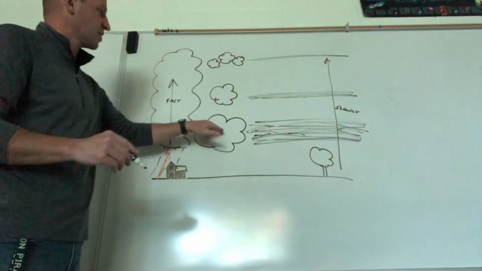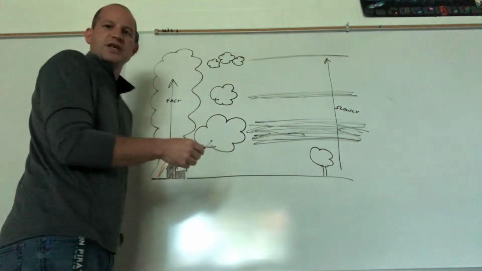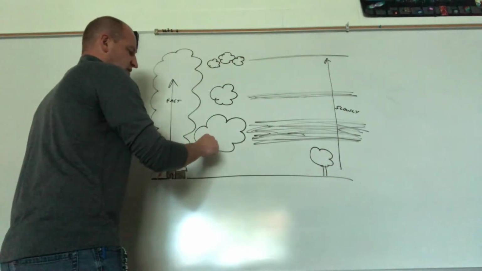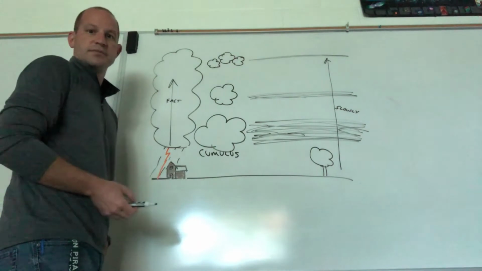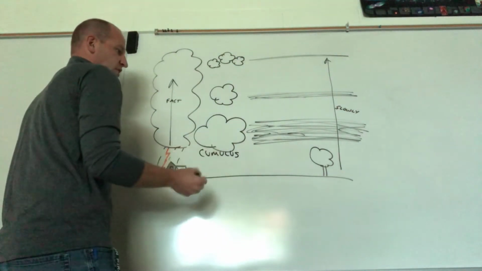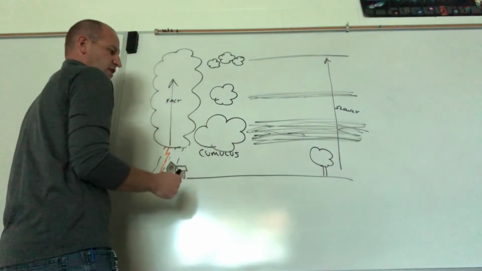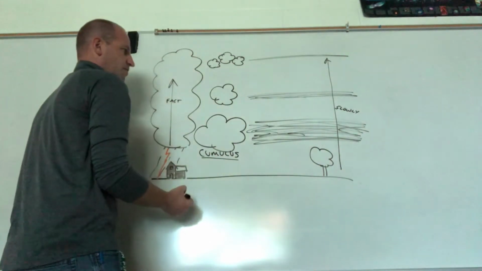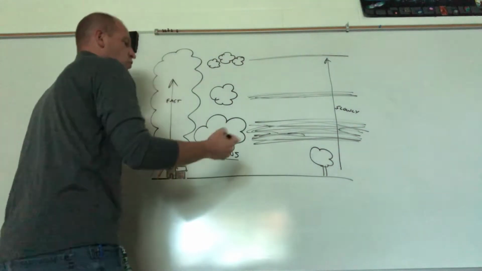The first ones I want to start with are these three puffy ones. When it's down low, a puffy cloud that's large like this is called a cumulus cloud. Now a cumulus cloud, like I said, is puffy because it's rising fast, and it's a low-level cloud. That's our basic name. Once a cloud starts to form higher up in the atmosphere, we add some stuff to it.